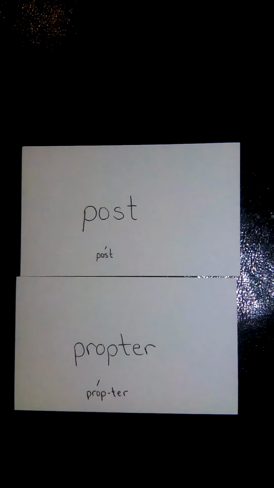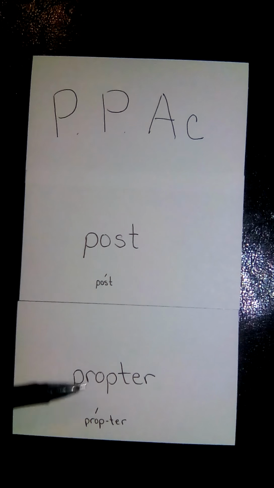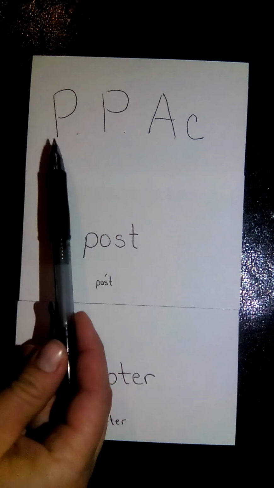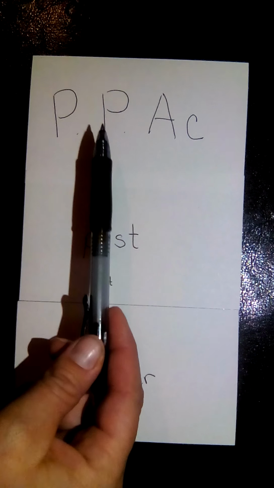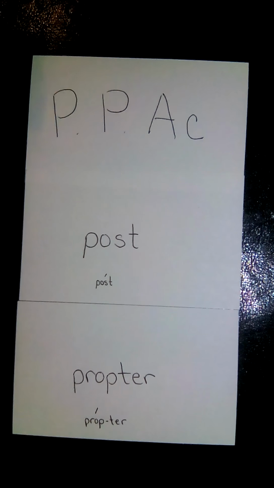As you see, the others start with an I and a C, but we're going to look at just the P words. And a little thing that helps me is I think post and propter, both P words, are both accusative, AC. So post and propter are part of a pack. So post, propter, accusative, part of a pack. Hopefully that helps you as you navigate through your new prepositions.